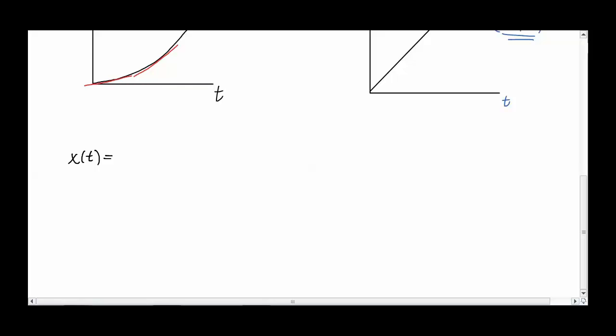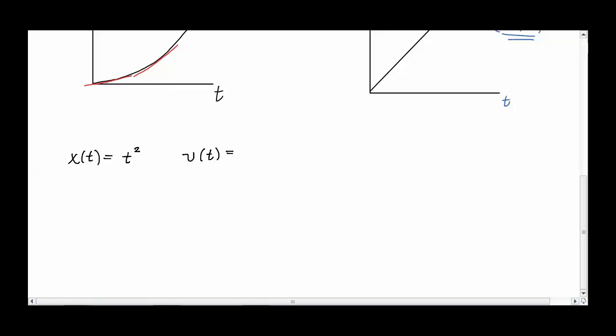Let's look at a position time function. x of t is equal to t squared. So the one I've done the picture of. So our velocity with respect to time is the slope of, or the derivative of, the position time function.